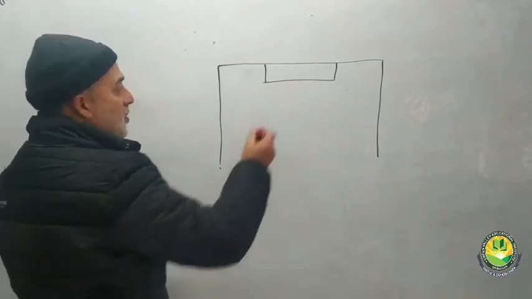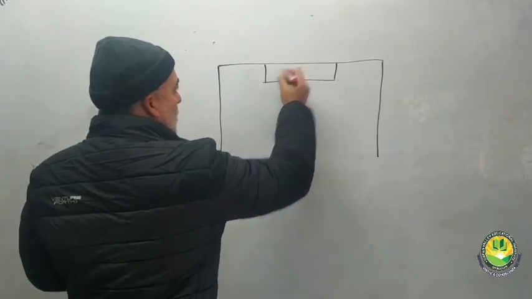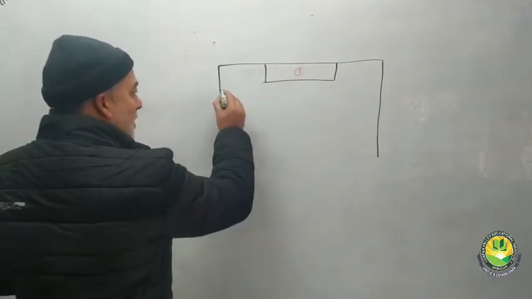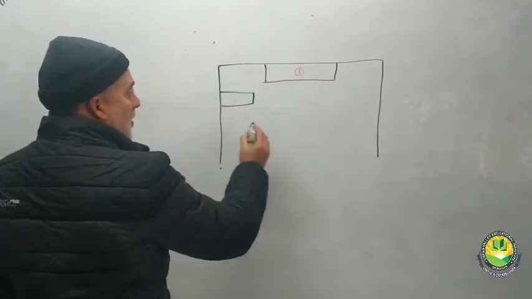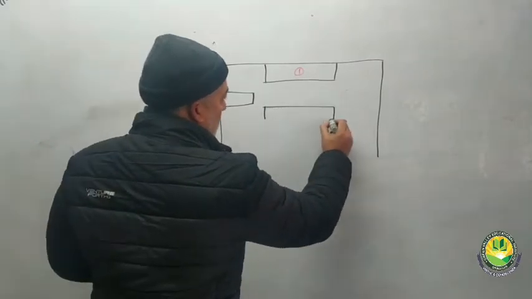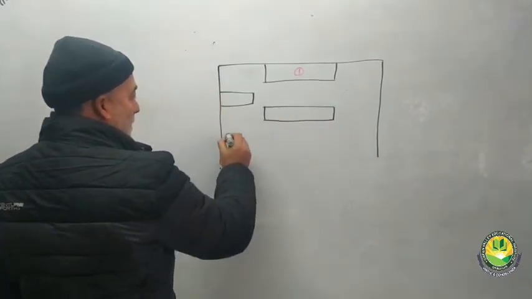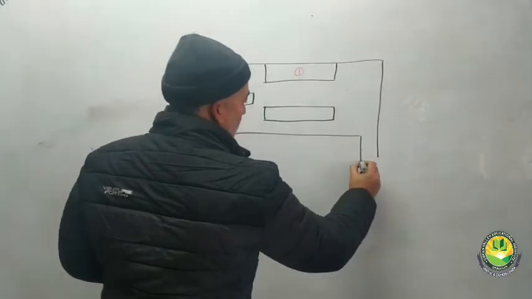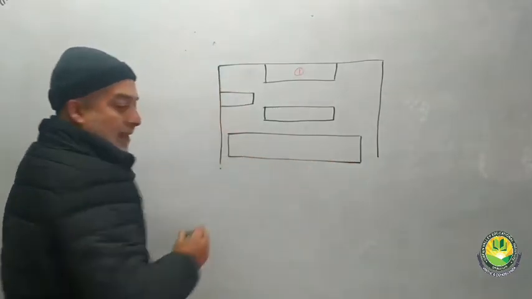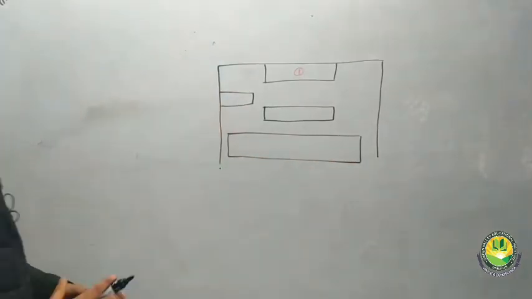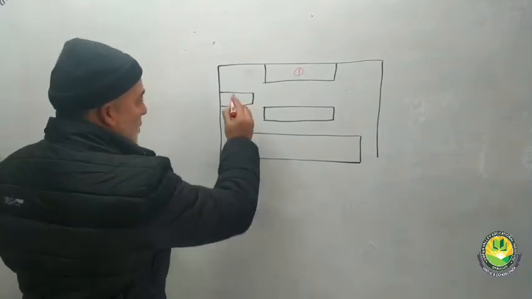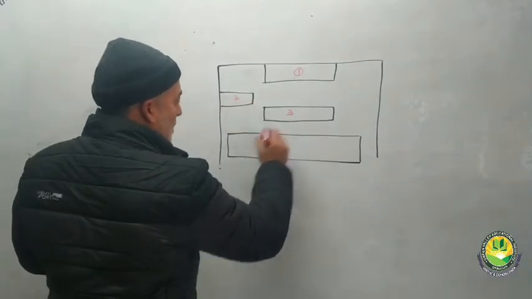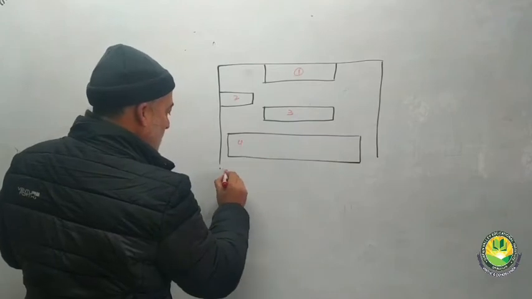I will divide it into sections. This is section number 1, and this is section 2, 3, 4, and here is section 5.